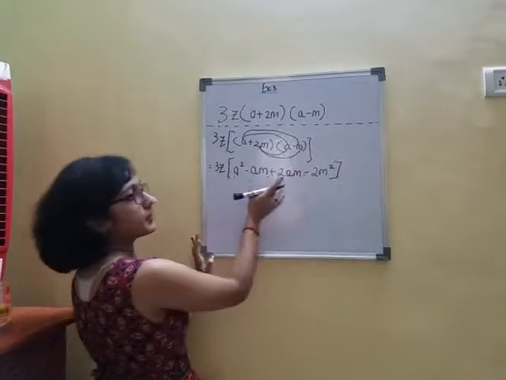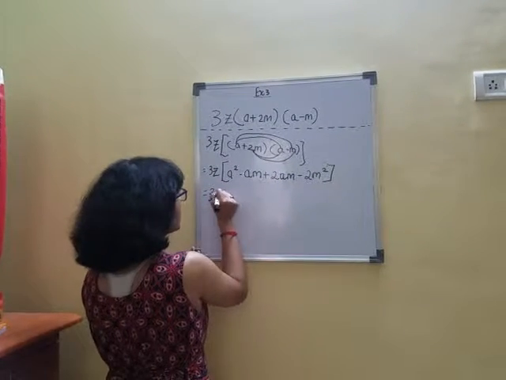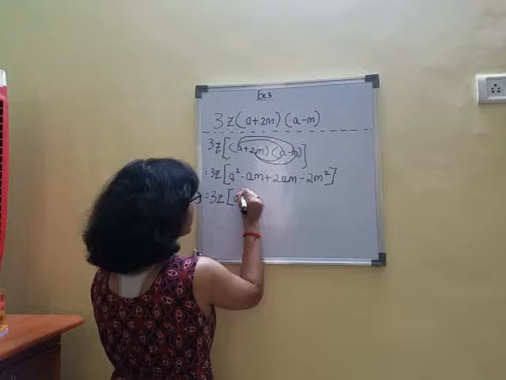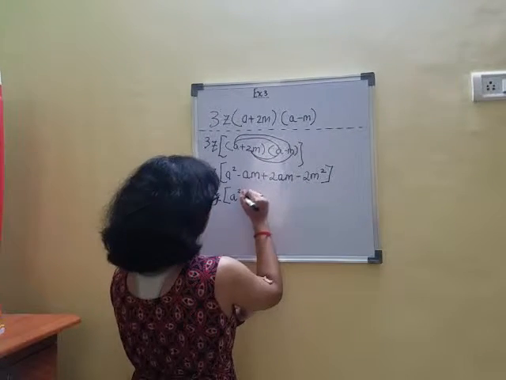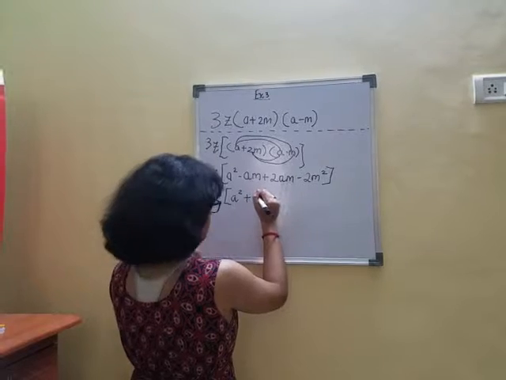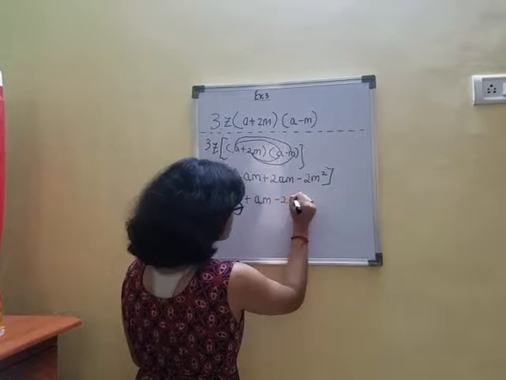Then we are going to simplify these two like terms, which will equal a squared plus 2am plus 1am, sorry, plus am, minus 2m squared.